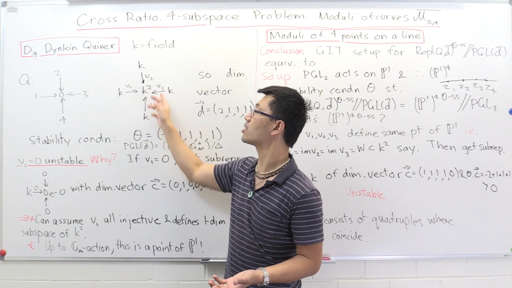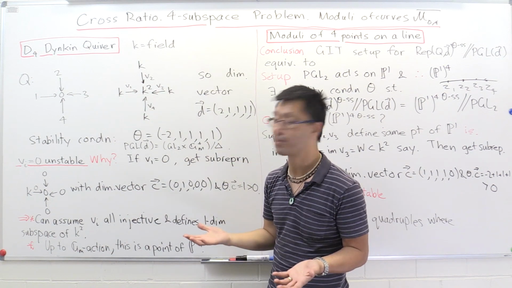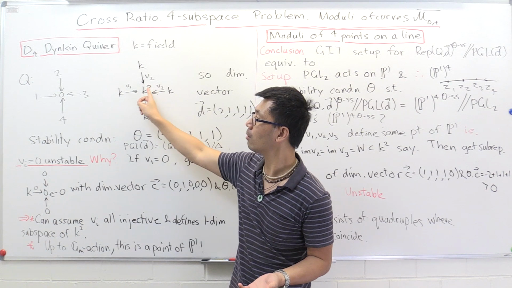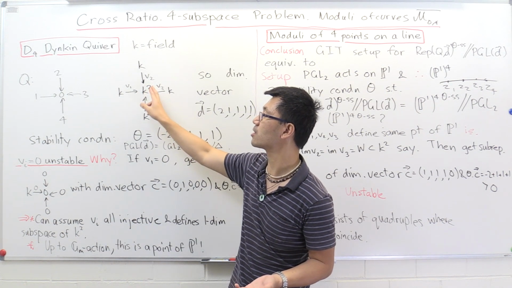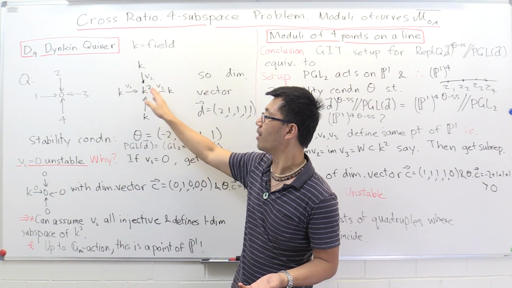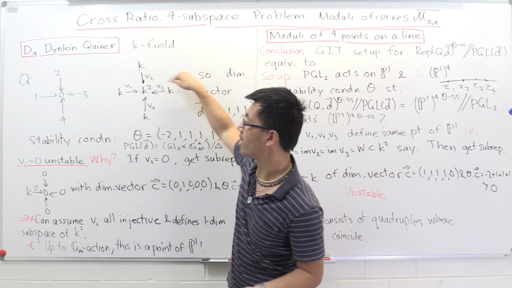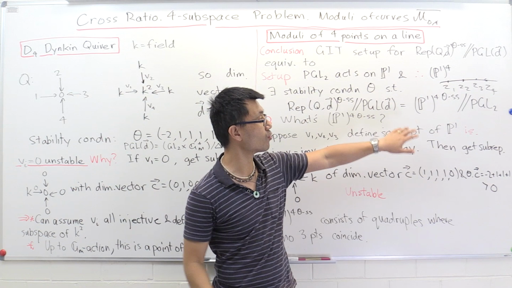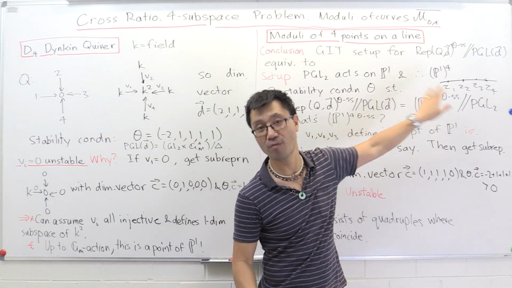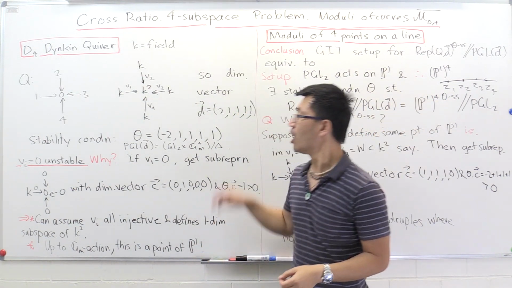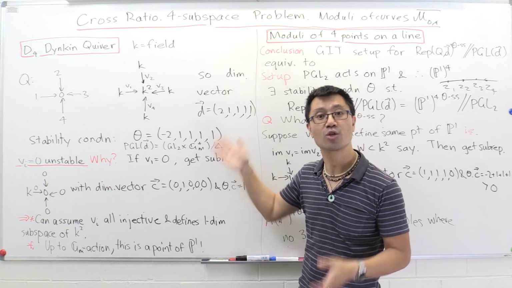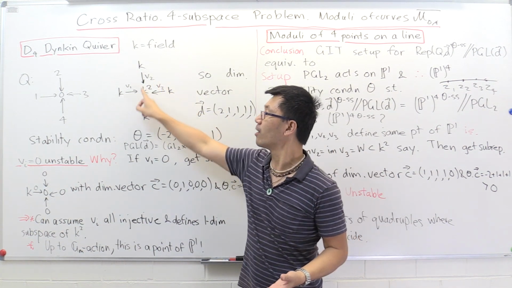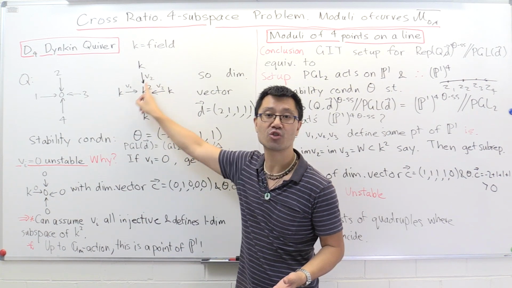So if this is all of K^2, then you'll get something that's stable. If your sub-representation is such that this is actually just 0, then of course all the V_i's must be equal to 0, and that's unstable. Of course, that doesn't give you 4 points of P^1; in fact, none of those are points of P^1. So the only other situation where you can get an unstable representation is if the sub-representation is one-dimensional here.